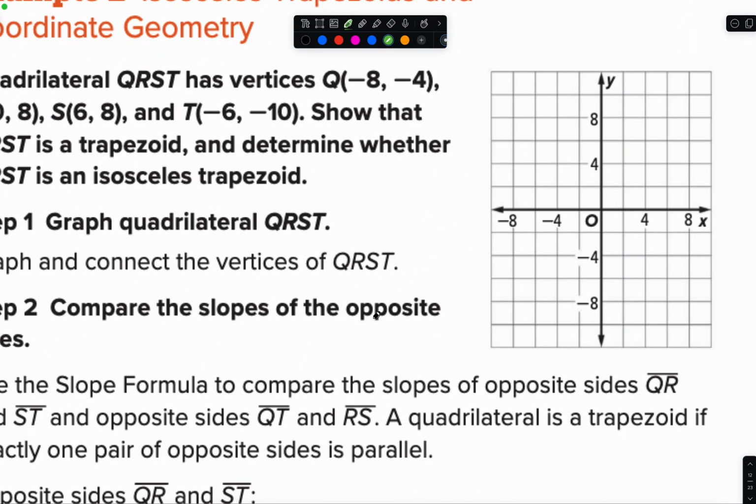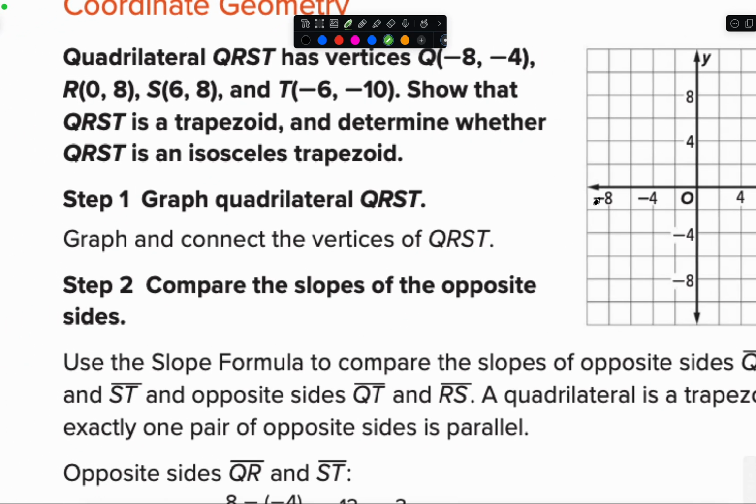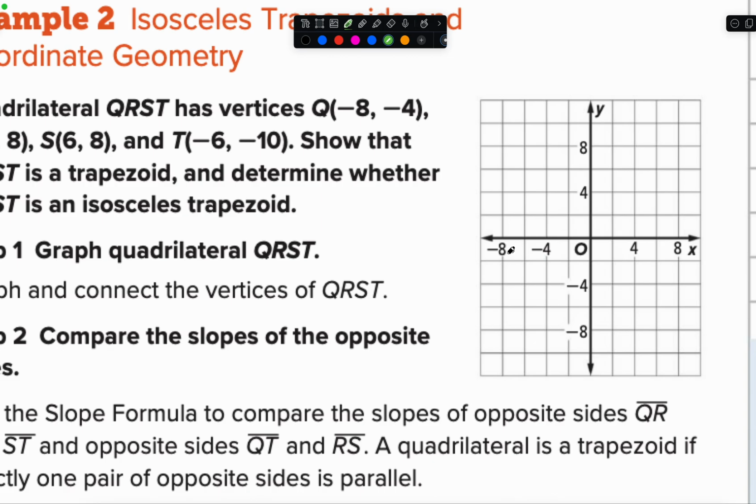Okay, so we skipped example 1, but we went straight to example 2. And if we plot these points, I'm going to do that real quick. So put these vertices on this coordinate plane right here. So let's do -8, -4 is this guy, -8, -4. It's hard for me to write.